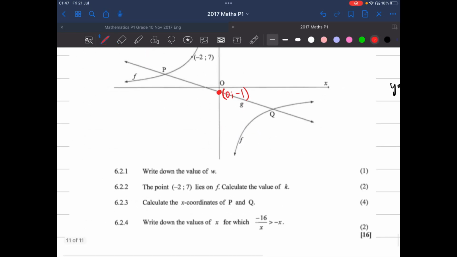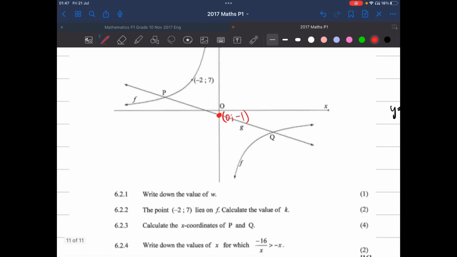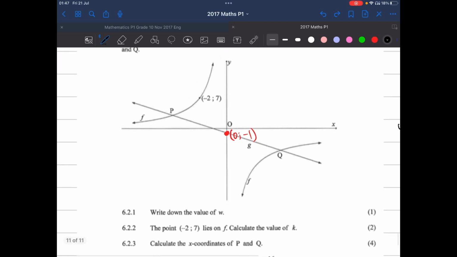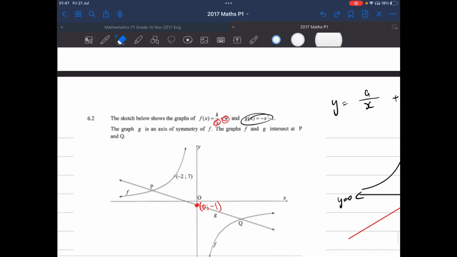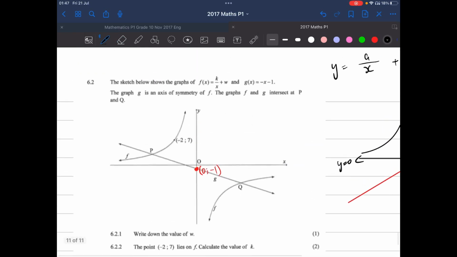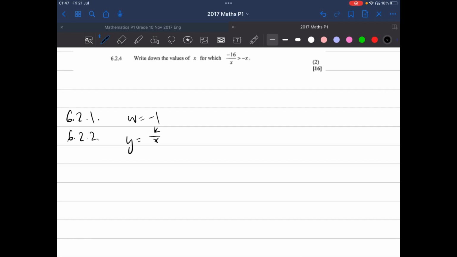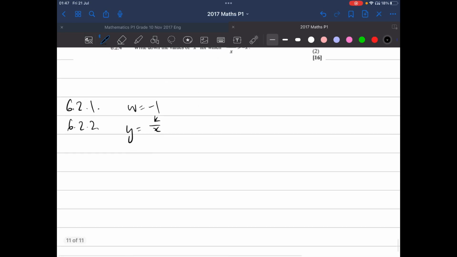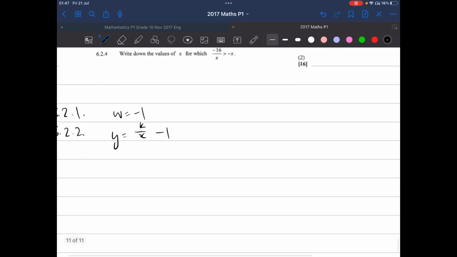The point minus 2 and 7 lies on f. Calculate the value of k. Okay, that's a straightforward one. So we have y equals k over x plus w, which we determined was minus 1, right?